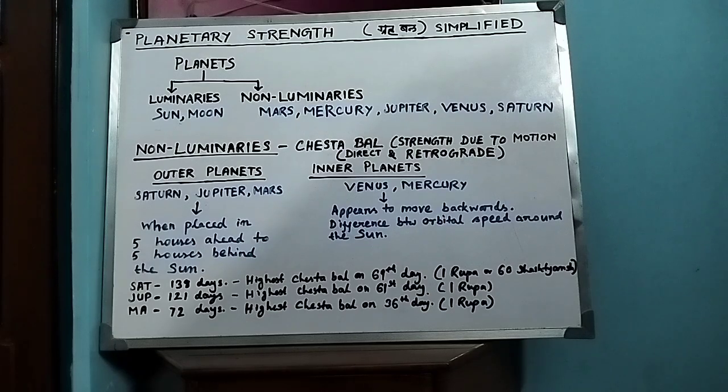But for those who do not want to go into the detailed mathematical intricacies of Vedic astrology, they can use only these 3 strengths which I have mentioned in this video. Digbal or directional strength for sun, Pakshabal or fortnight strength for moon, and Chestabal or strength due to motion or speed for 5 non-luminaries.